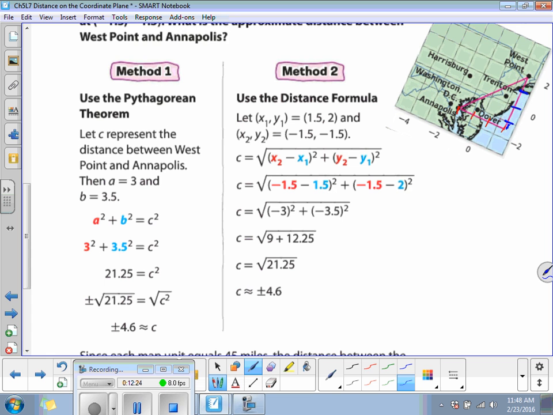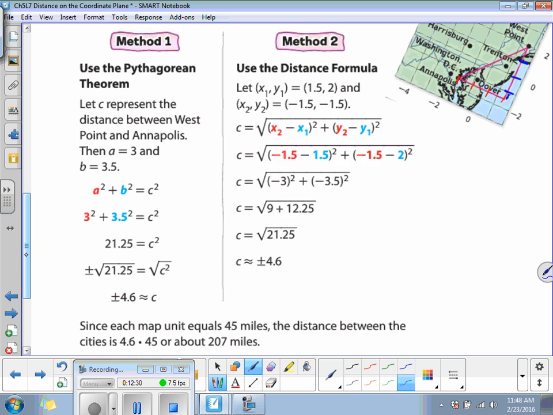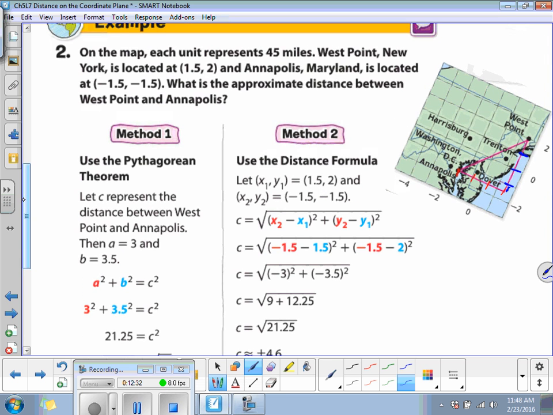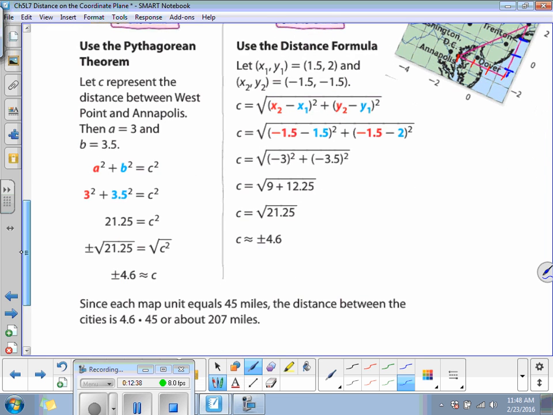Okay? So once you put those numbers in, then you can see that C is equal to 4.6. Now, it says up here that each unit represents 45 miles. So you would take that 4.6 and multiply times 45 to get 207 miles away. Is everybody clear with that?